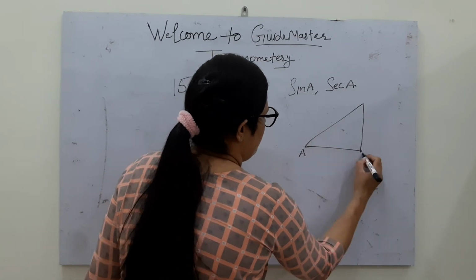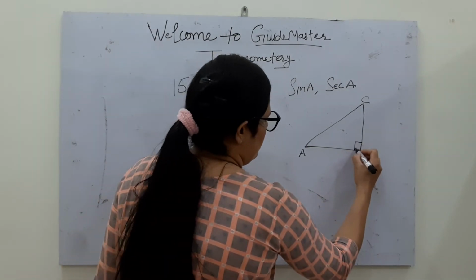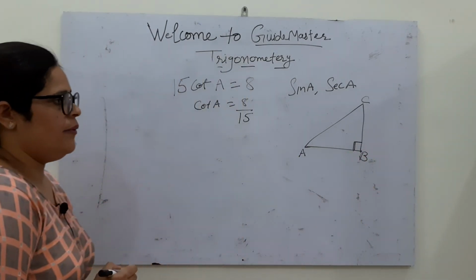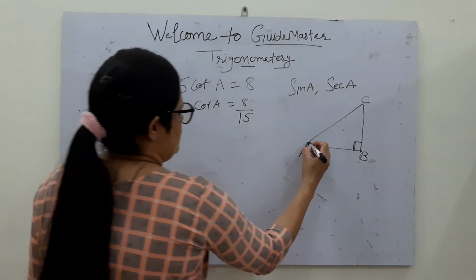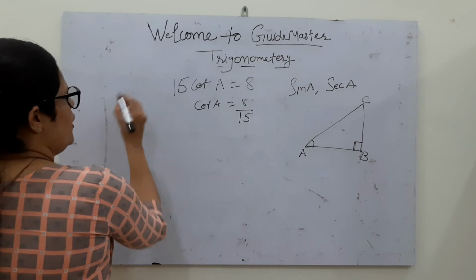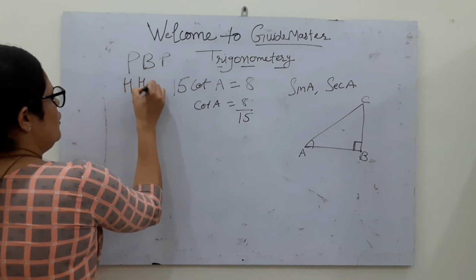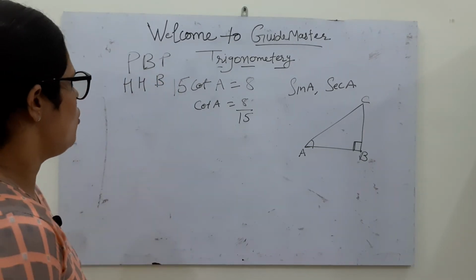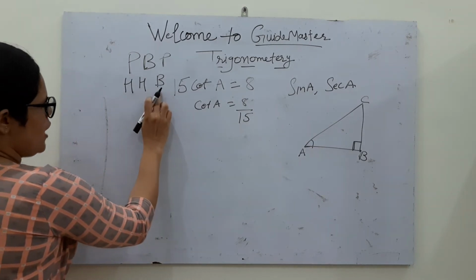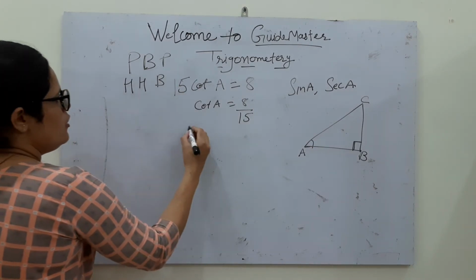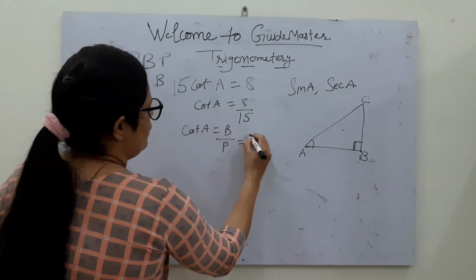This is A, B, C. This is the right angle at B. So this is the angle A. Cot A is equal to B upon P, then this is 8 upon 15.